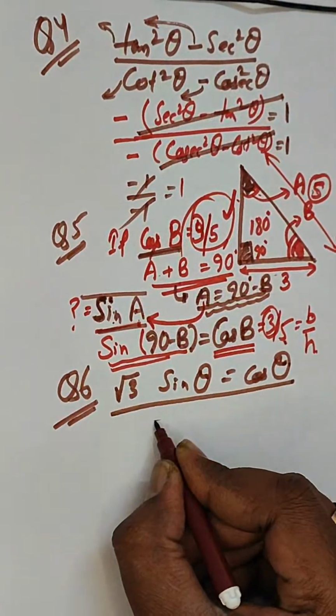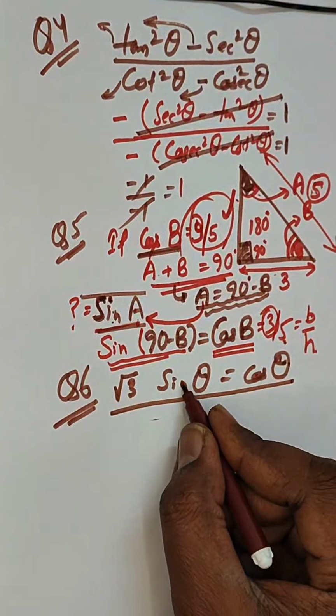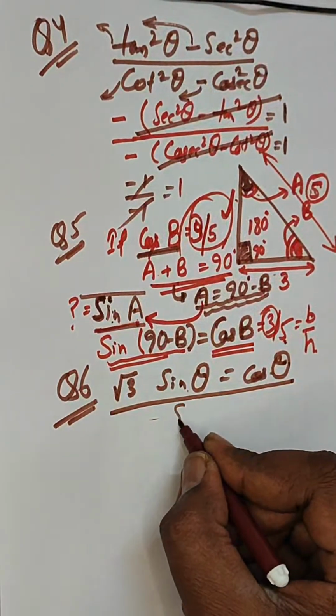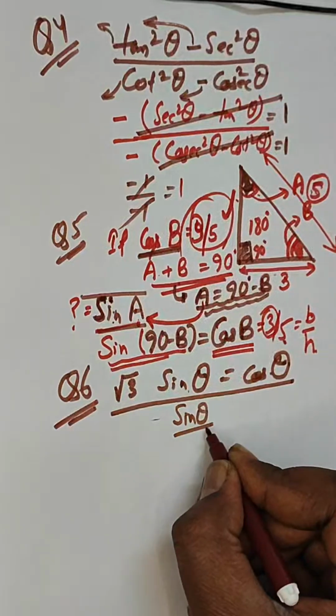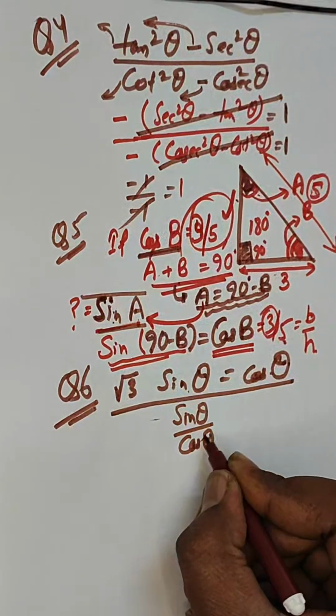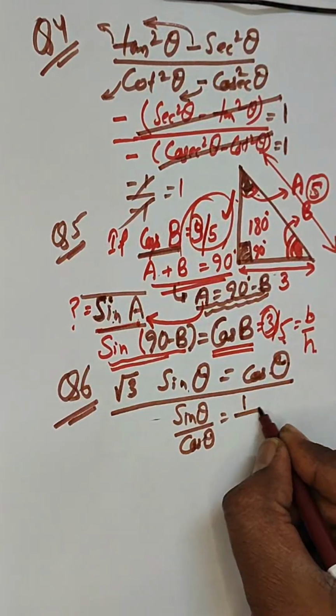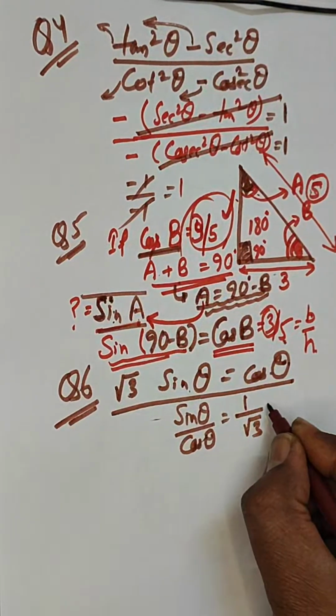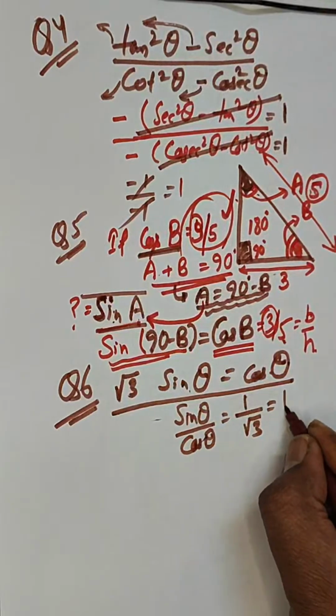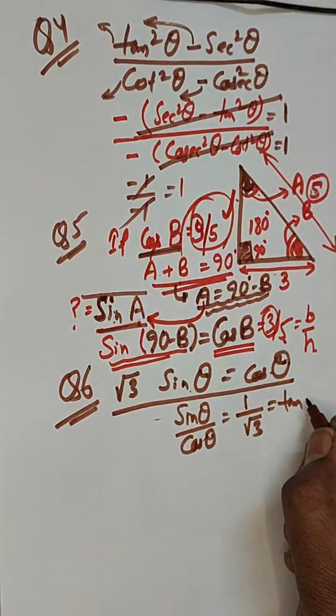So my dear friends, it's very easy, you remember the values, okay? Sine by cos is tan, so you just bring cos from RHS to the denominator of LHS, and push root 3 into the denominator of RHS. You know the value of 1 by root 3 for tan.